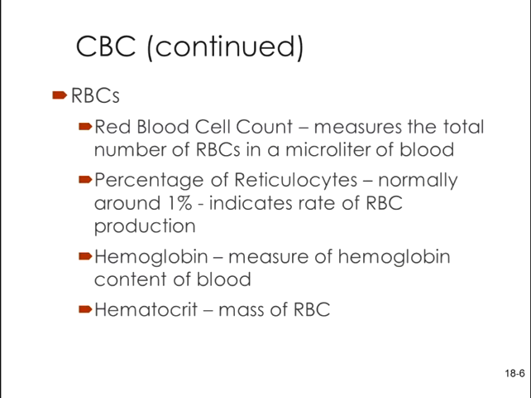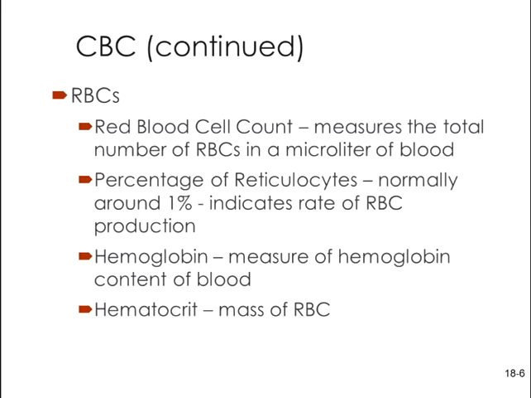Remember, I told you that range can go from 1% to 3%. So the normal range is around 1%, but if it's increasing, meaning that we see increased number of reticulocytes, that typically might indicate an increased rate of red blood cell production. So that could be an indication that someone's at a high altitude, or it could be an indication that somebody is blood doping, so they're using EPO.